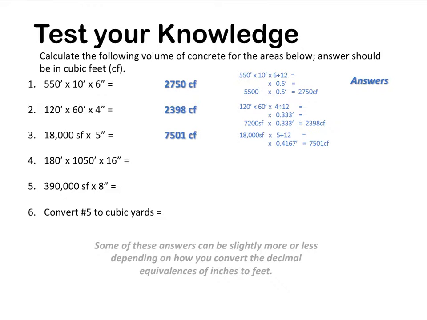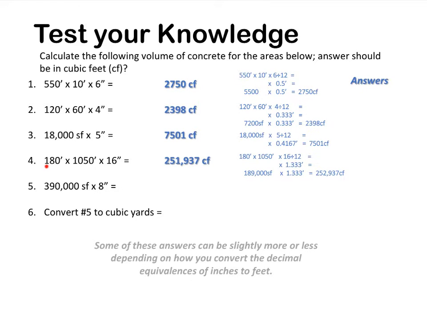Number 3, 18,000 square feet times 5 inches. Start with taking the 5 divided by 12, which gives you 0.4167. Multiply it times 18,000 square feet, and you get 7,501 cubic feet.